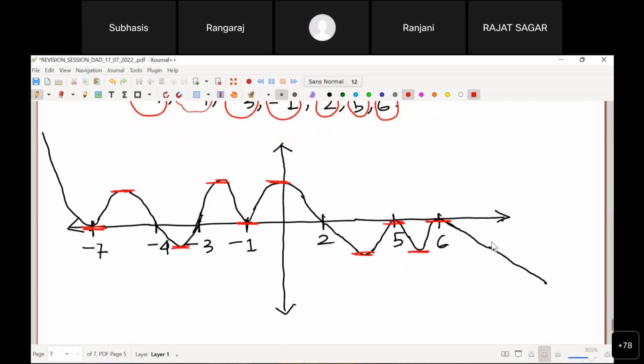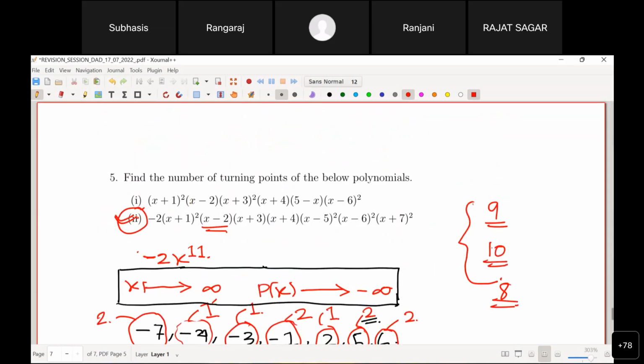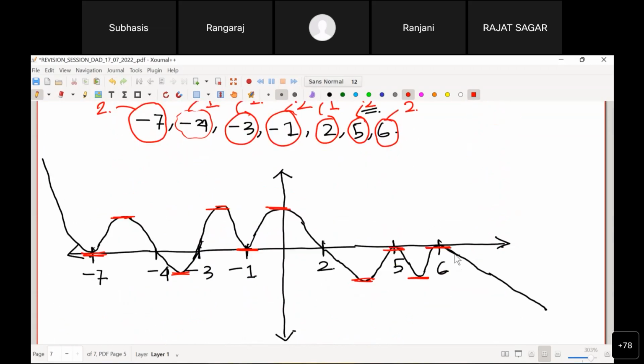So I guess the correct answer is 10, right? I have marked all the places. This is a turning point, this is another one, this one, this one, this one. Okay, so the answer is 10.